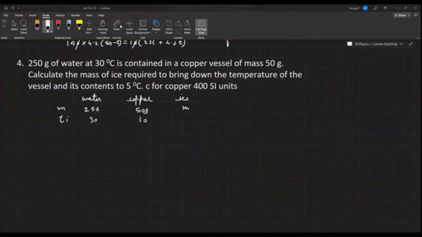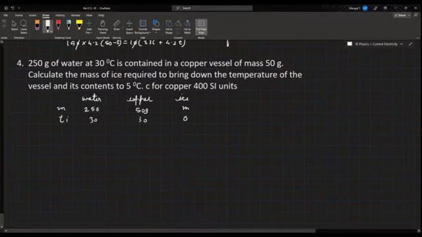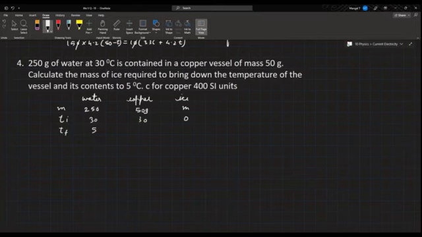Then you have ice will be at 0 degree. The final temperature is given to be 5. So delta T is 25, this is 25, and this is 5. Specific heat capacity is 4.2, this is 0.4, and latent heat is given to be 336.